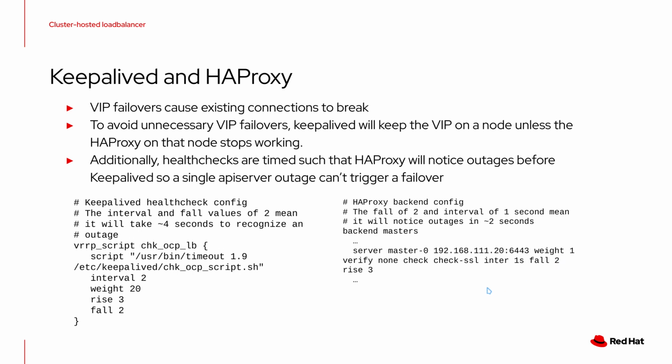So HA proxy is going to notice an outage on an API server in about 2 seconds, which is only one of the health checks from keepalive. So in theory, the keepalive health check should be healthy again by the time it runs for the second time, because HA proxy will have noticed the outage and removed the master from the backend list, and so the next time keepalive tries to talk to it, it will be working.